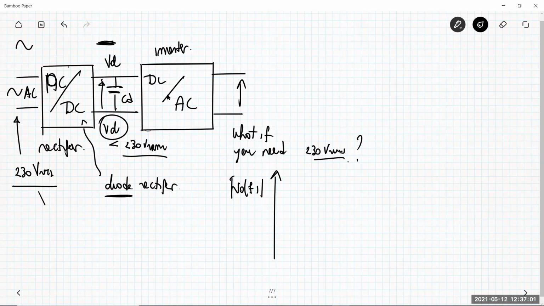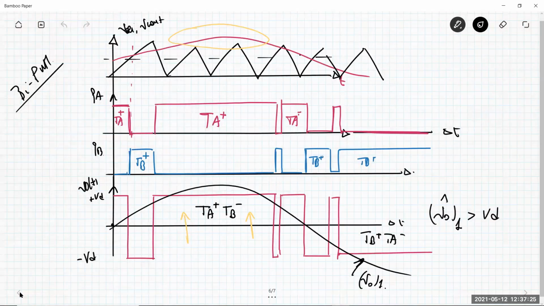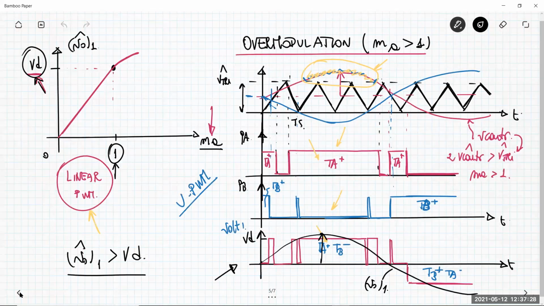So if we are in this situation, and my load requires as a nominal voltage exactly, say, 230 volt root mean square, can I obtain it? At the maximum, as I told you before, in linear pulse width modulation I reach VD when MA is 1.